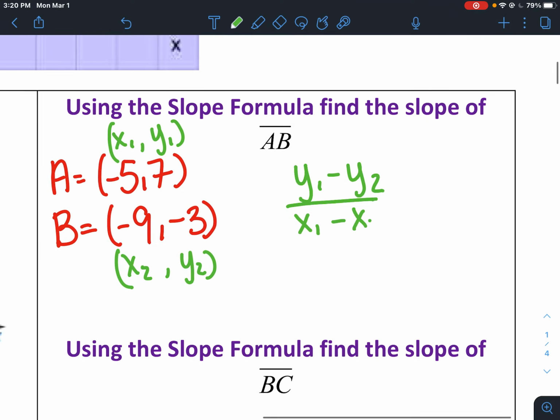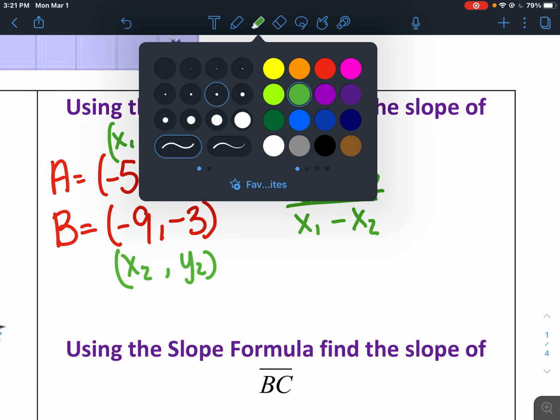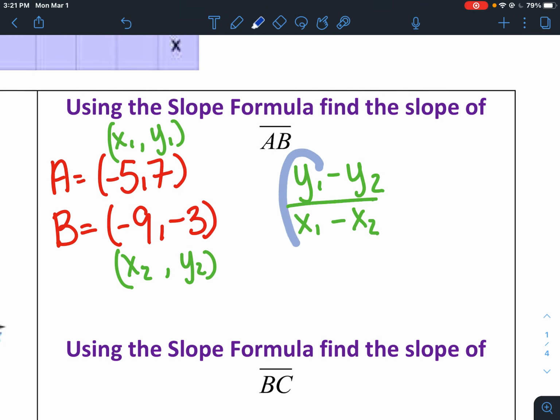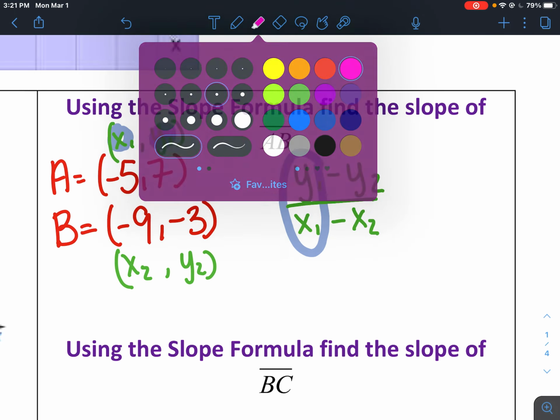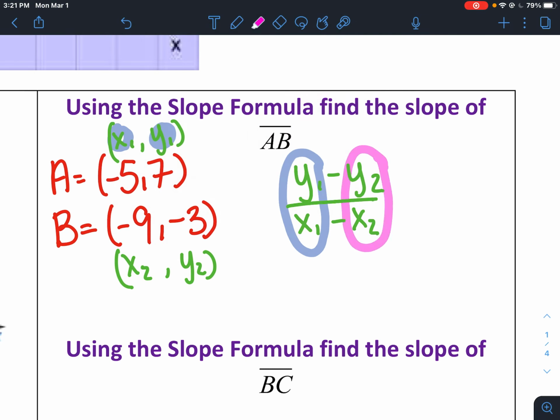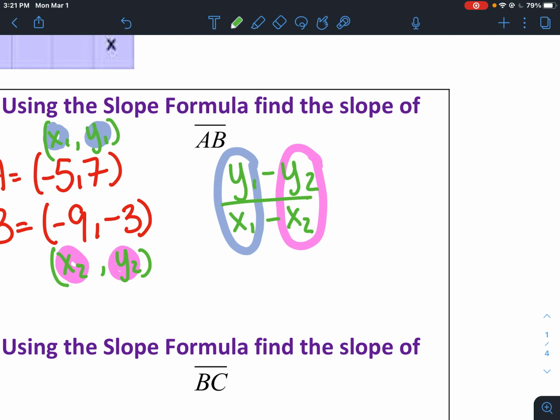Making sure that, again, y1 and x1 are together, and y2, x2 are together. Okay, so now I'm going to fill in my numbers here.